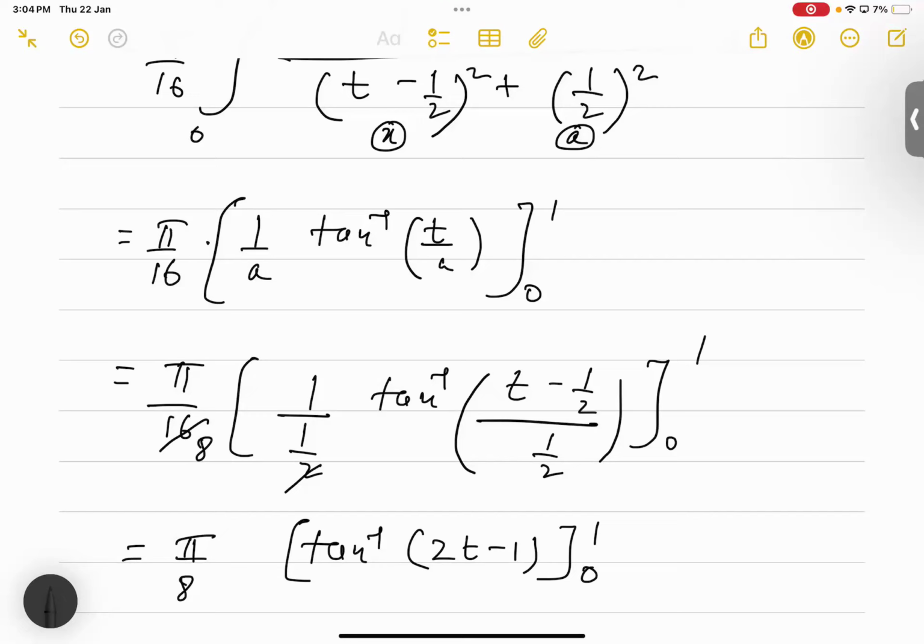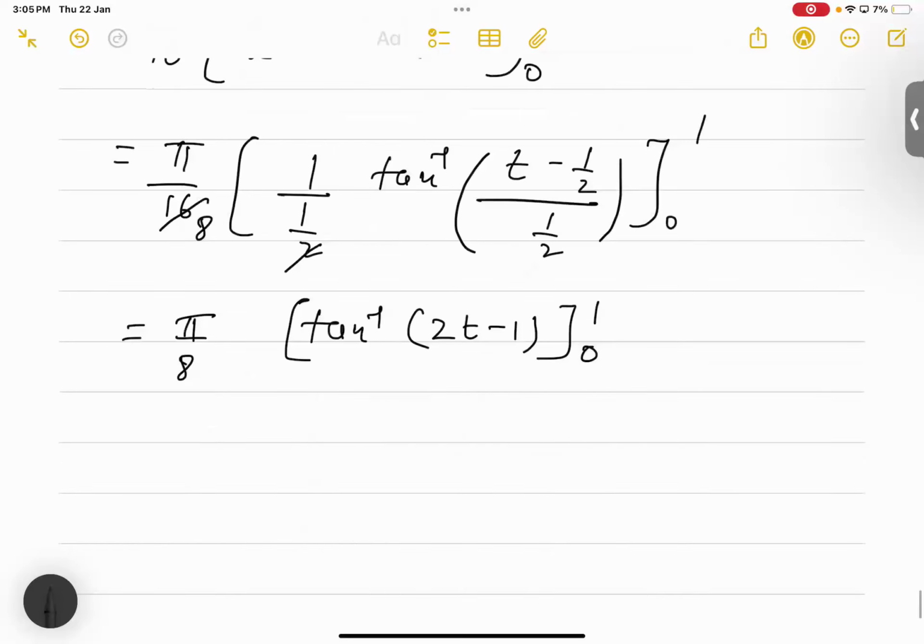Right? Yes or no? So you do this. Please solve this.